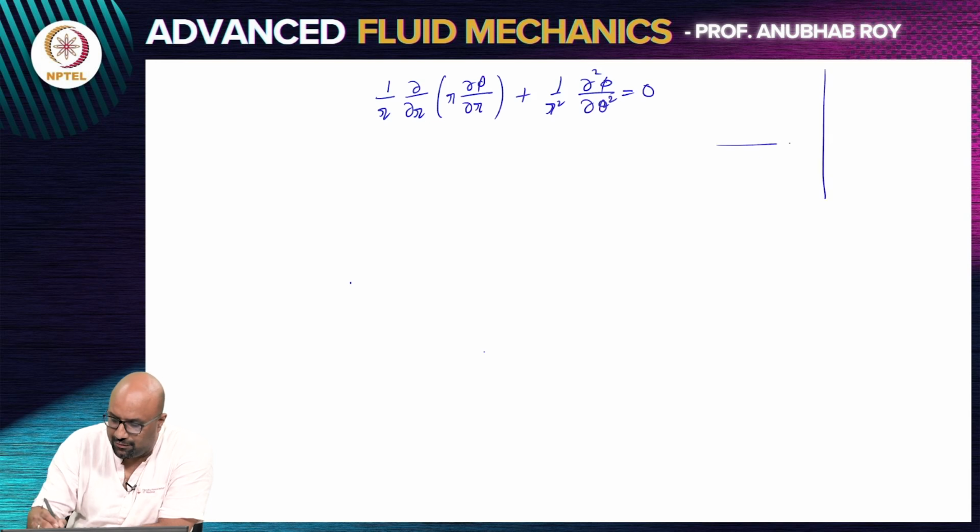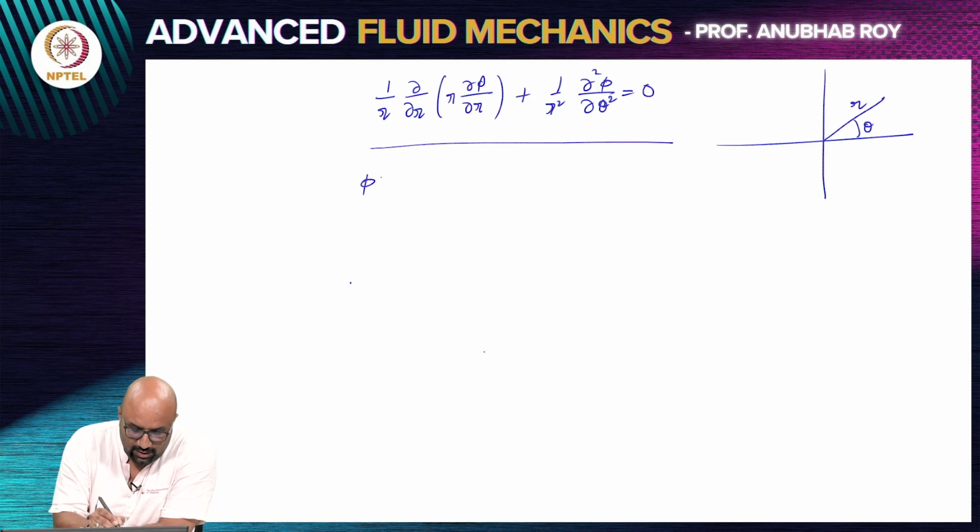So, you have a polar coordinate system where you have r as your radial coordinate, theta as your angular coordinate. If you solve this using separation of variables, I will skip over the exercise of how you do it. You assume that there is a function of r and a function of theta.